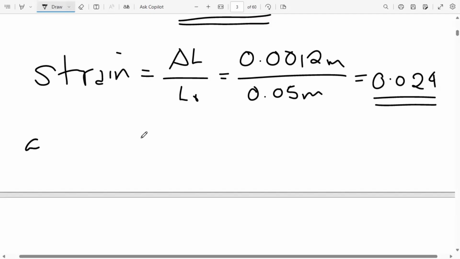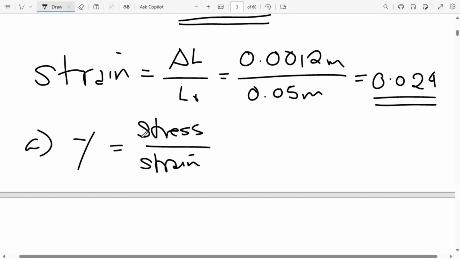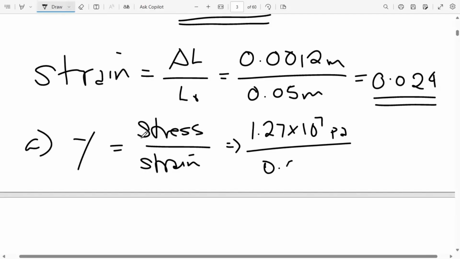Question C is saying we should calculate the Young's modulus, and the Young's modulus is equal to what? Young's modulus is equal to the stress over the strain, and we've already calculated both of those. So this will be equal to the stress we've calculated to be 1.27 times 10 to the power 7 pascals, over the strain we've calculated as 0.024.